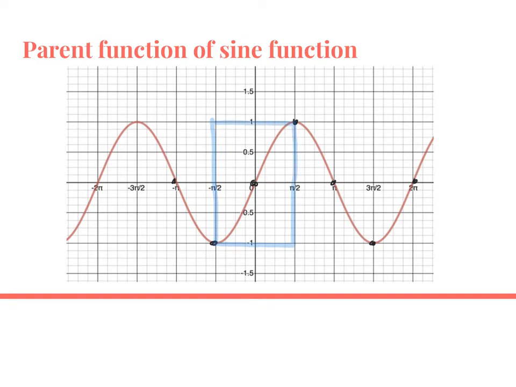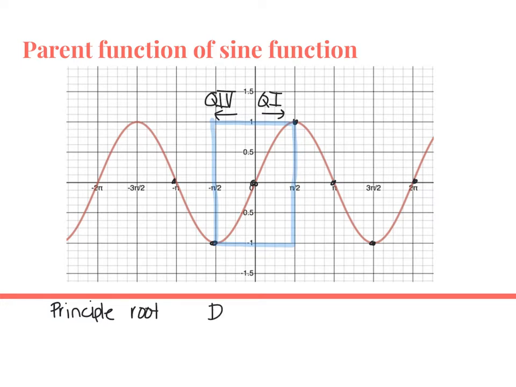I'm going to take this chunk of the graph. This represents quadrant 4, starting at the 0, going clockwise around the unit circle. This represents quadrant 1, starting at the 0, going towards pi over 2. This makes the function one-to-one, and this is what we're going to refer to as the principal root.